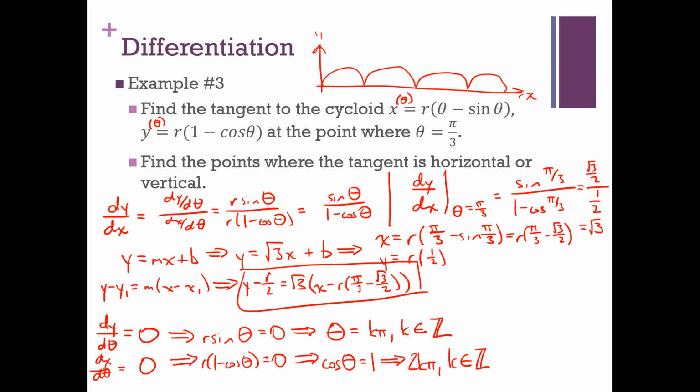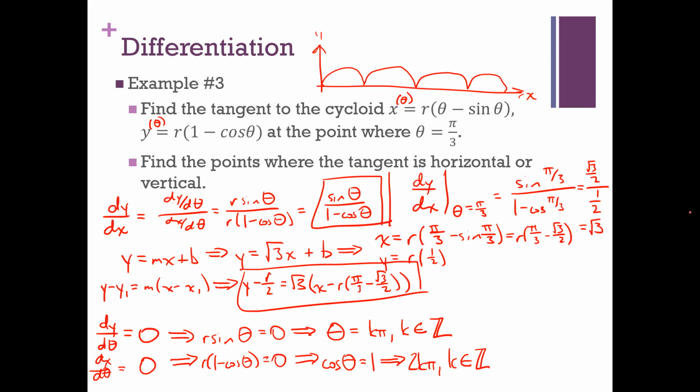So let's go back to dy dx. Dy dx is this thing here, right? Let's talk about what happens at like 6 pi. What's the sine of 6 pi? 0. What's the cosine of 6 pi? 1. So we get 0 over 0, right?